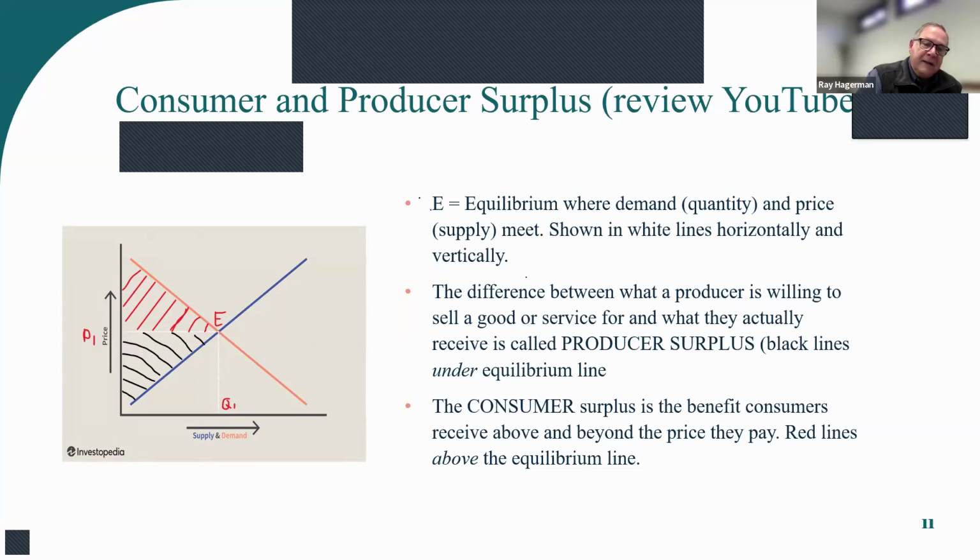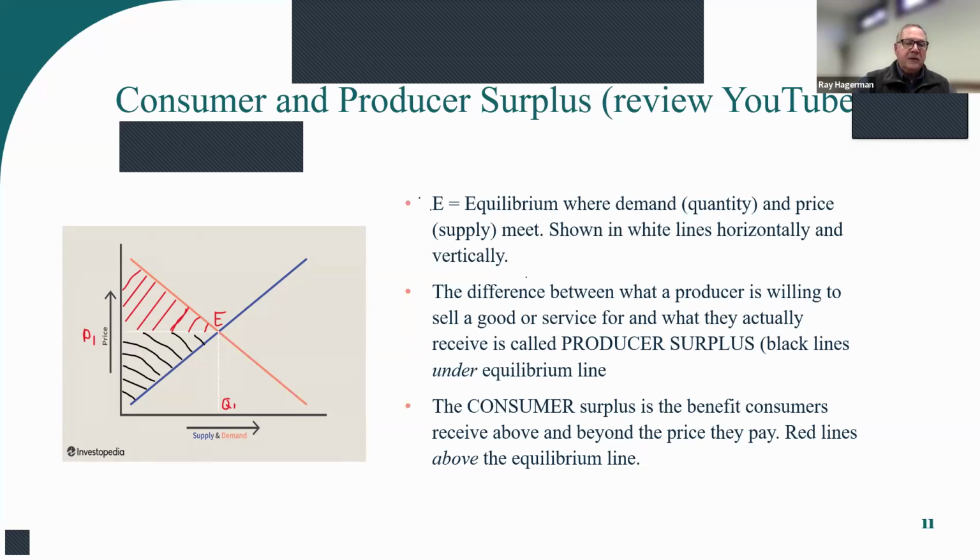But in fact, the consumer is willing to pay more for that, and that's what the white line is. So, in essence, the producer would have been willing to accept a lesser amount of money to produce those goods, but in fact, they got paid more for those goods because of consumer demand. So the difference in those is a surplus for the producer.